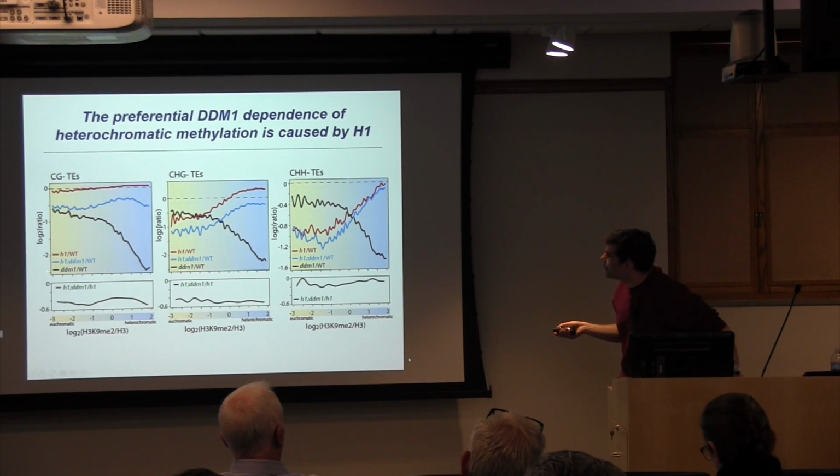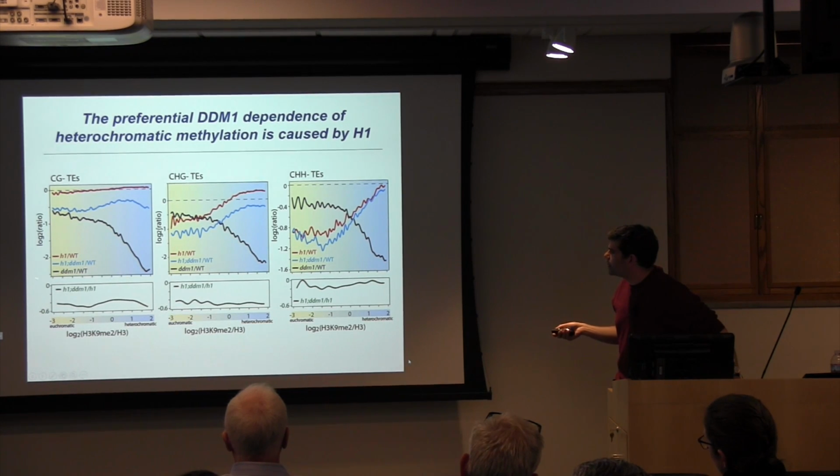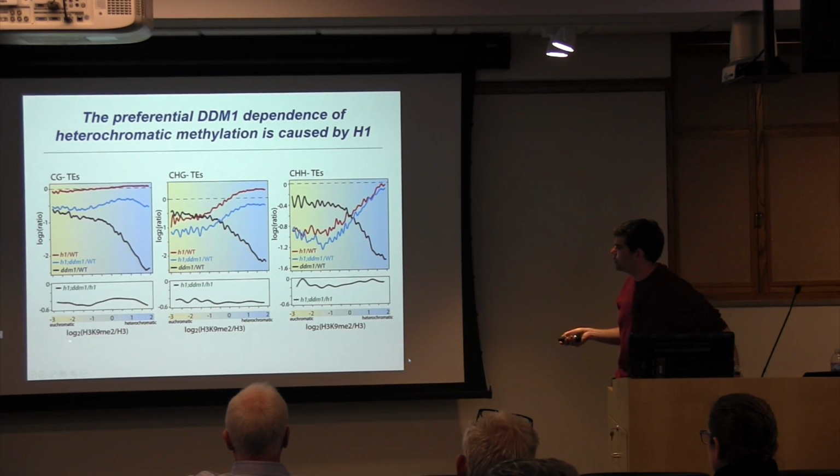And then we are arranging them with respect to heterochromatin. So the most euchromatic transposons are here, and the most heterochromatic transposons are here. And this is counted as the amount of this histone modification. So transposons are arranged from euchromatic to heterochromatic.